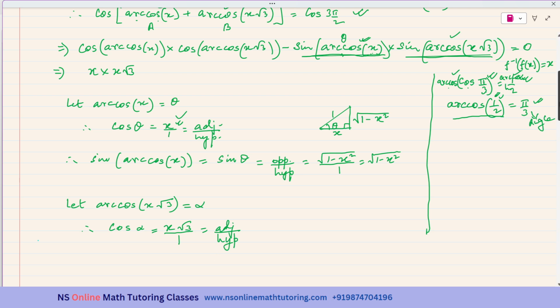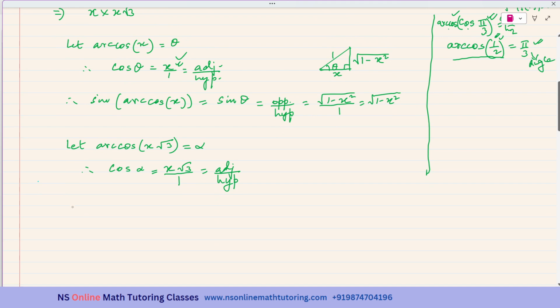Okay, so therefore sine of arc cos of x root 3, this one is alpha, so this is equal to sine alpha, equal to opposite over hypotenuse.